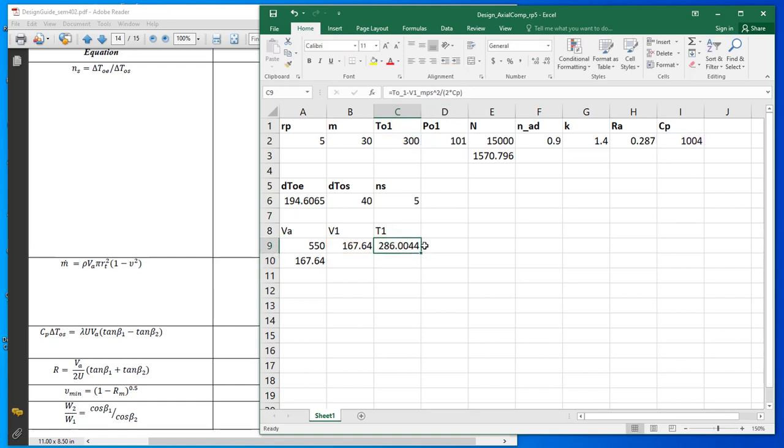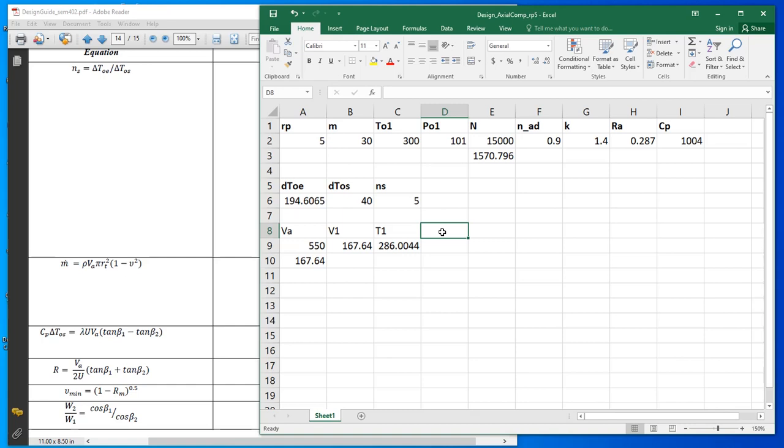So 286 Kelvin. Now please note that we have a mistake in our manual calculation in this particular step. Instead of writing divided by 2 Cp, in the manual calculation that 2 was omitted. So there is a difference between the manual calculation and the calculation that we are doing now.